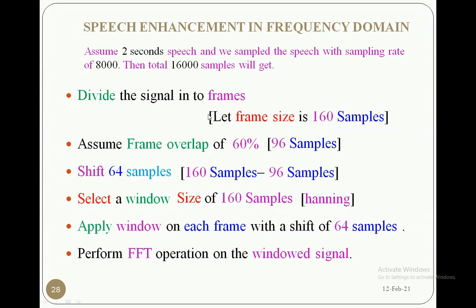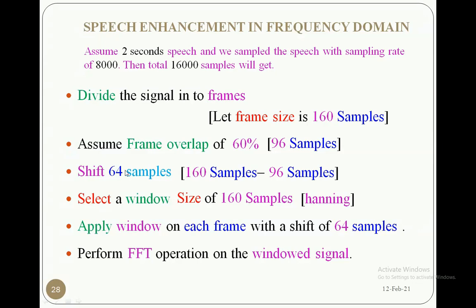After specifying the frame size, you have to specify what percentage you are using for the overlap. Let us consider I am using 60% overlap. So out of 160 samples I am using 96 samples for overlap. That is, to process the next frame I am using 96 samples from the first frame also. We use this overlap to avoid information loss. So if 160 minus 96 is the new sampling, the window should be moved by 64 samples.